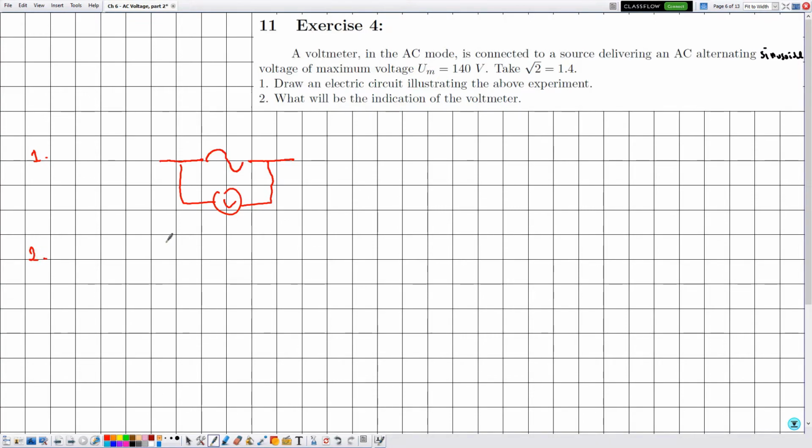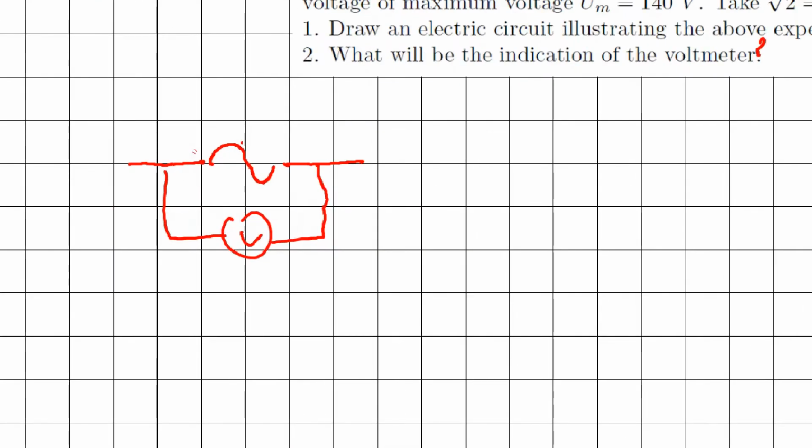Okay, now in number 2, what will be the indication of the voltmeter? So here by the indication of the voltmeter it means the value of the voltage, but notice that this voltage source is characterized by two voltages, given by UM and U effective, but we always consider U effective because it is the voltage that makes the effect.